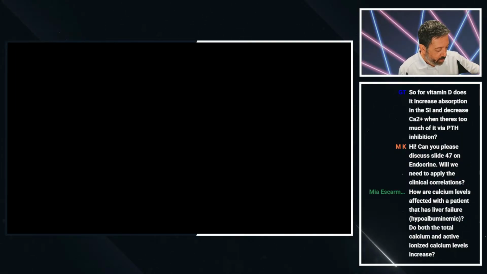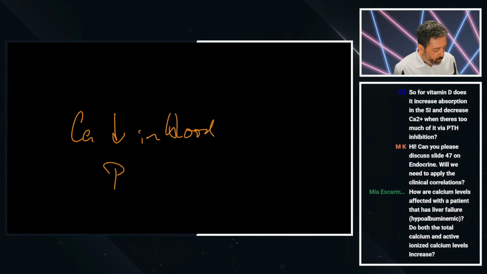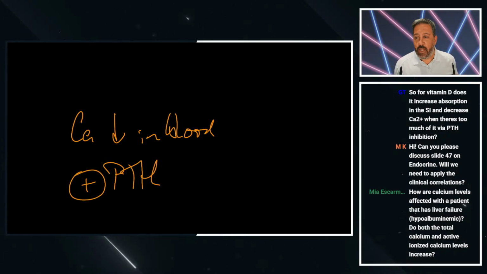Because think about what PTH is doing. It comes out when calcium levels are low. PTH gets stimulated, and it's going to go to the bone and start reabsorbing the bone to bring calcium and phosphate in.